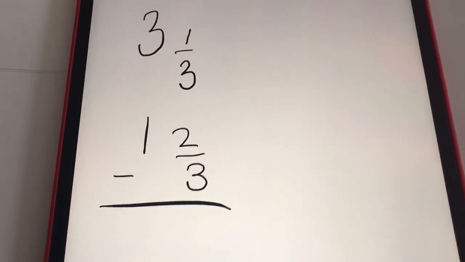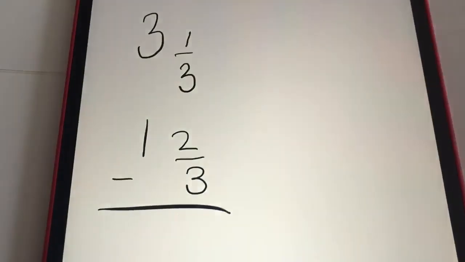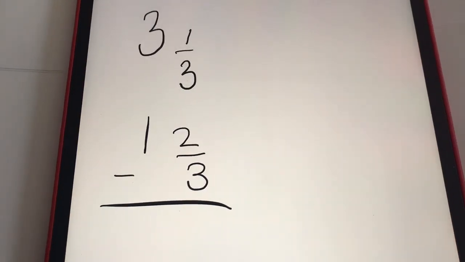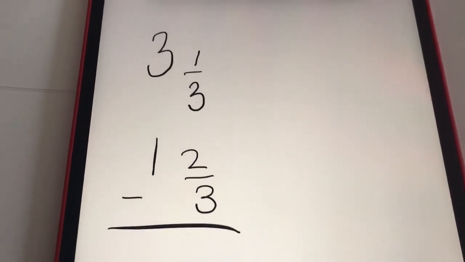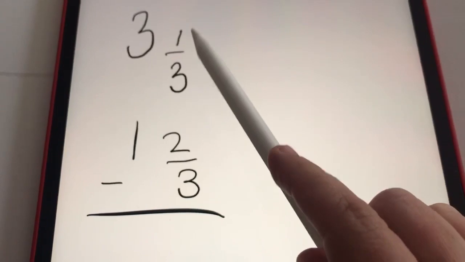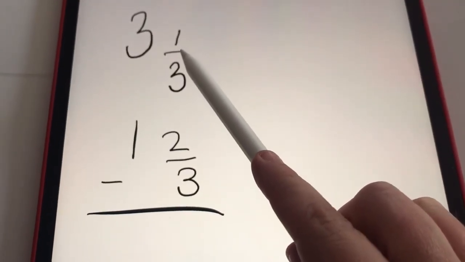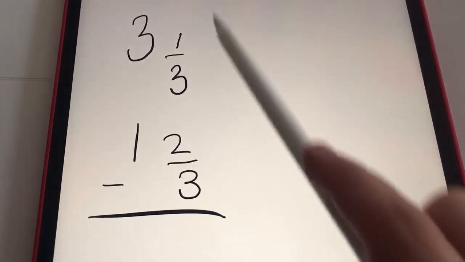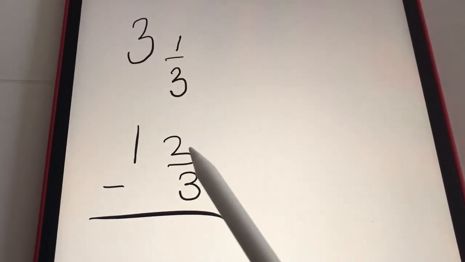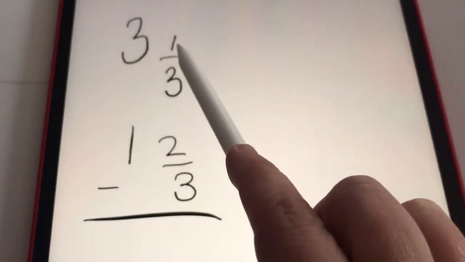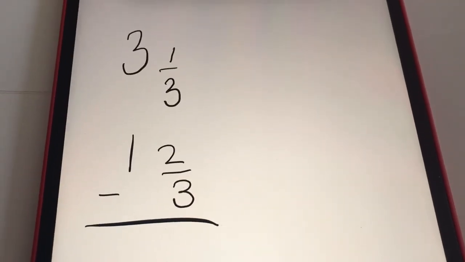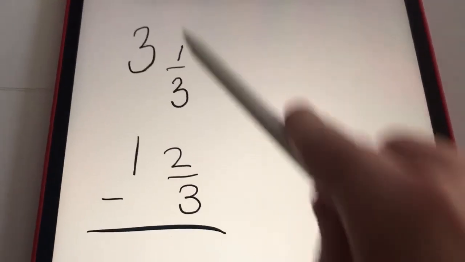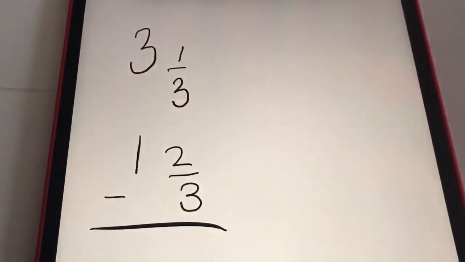With the same denominator, we don't need to rename them with a common denominator. So let's focus on my fractions here. I can see that 1/3 is smaller than 2/3, so I can't take 2/3 away from 1/3. It's like saying I could take 4 away from 1. If I don't have enough, I need to borrow.